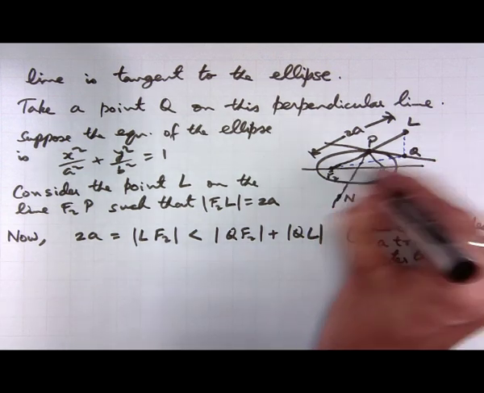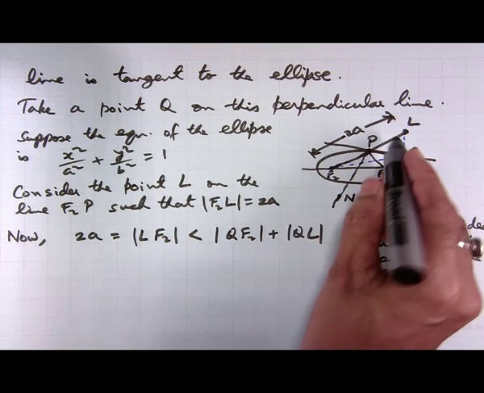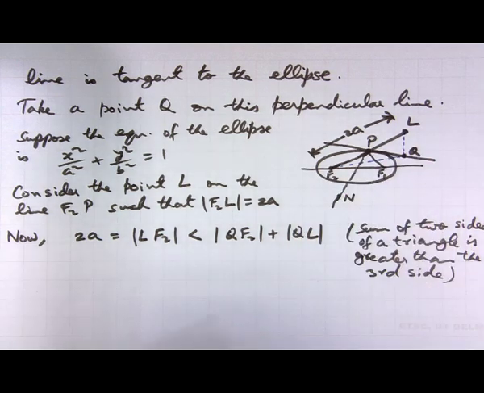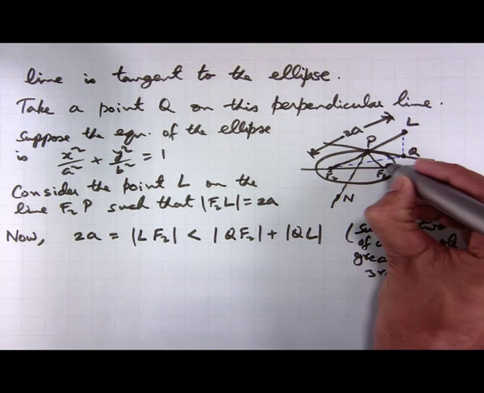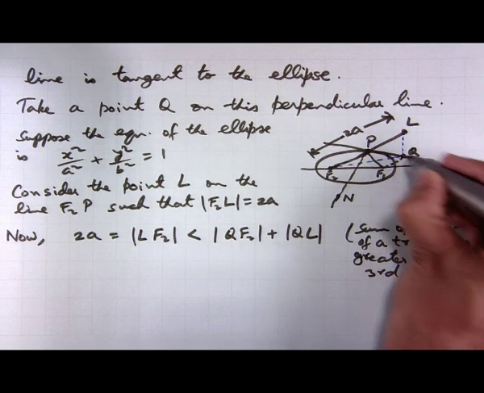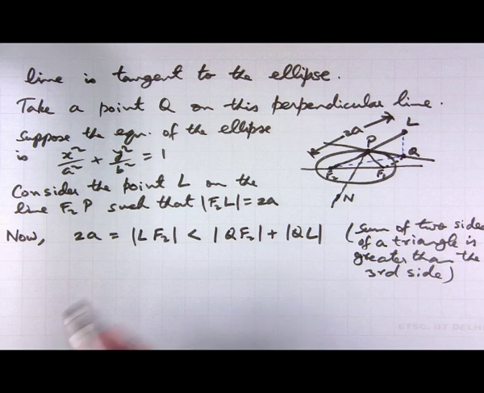So, q F2 plus q L is strictly bigger than the distance L F2, which is 2a. But what can I say about q F1?